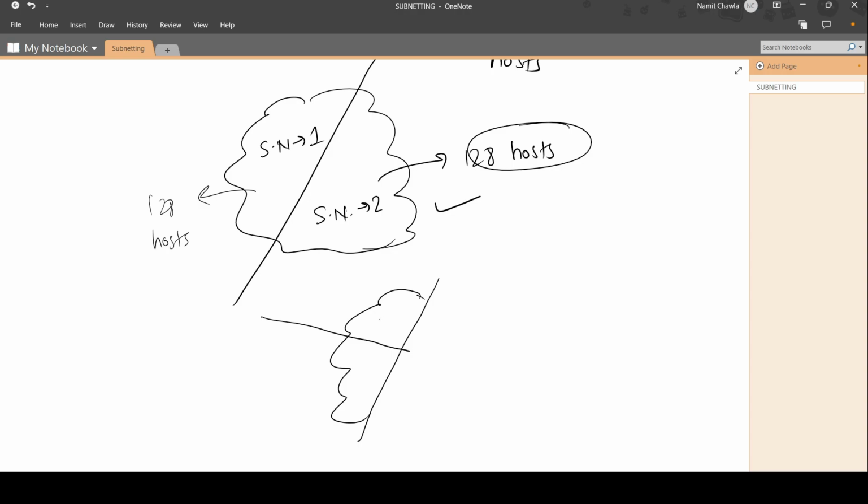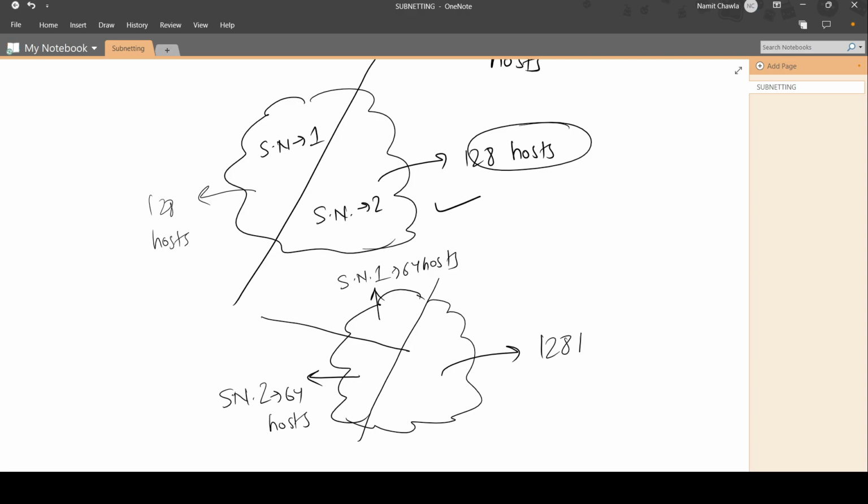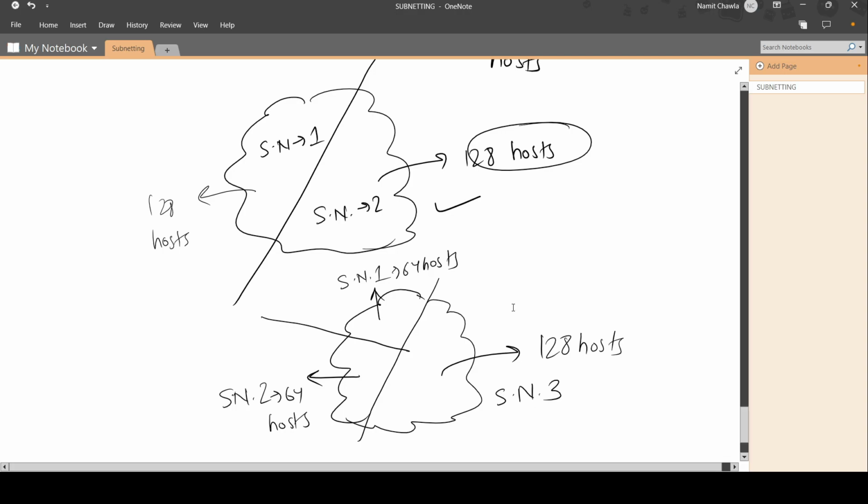So this one will be, let's say, subnet number 1 for 64 hosts, and this one will be subnet number 2 for 64 hosts, and the remaining is still 128 hosts in subnet number 3. As simple as that. How to do it?